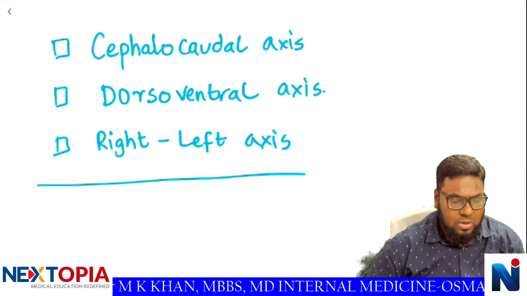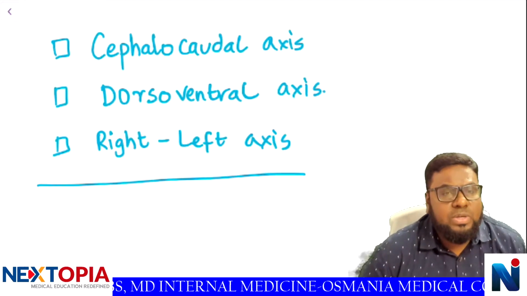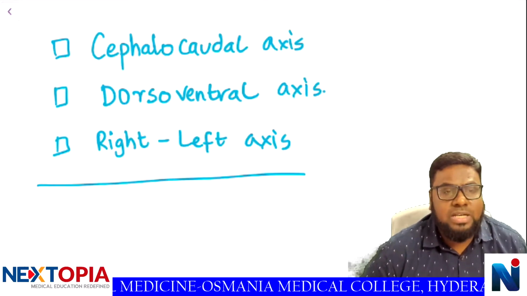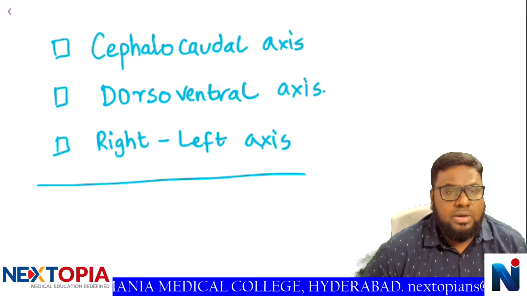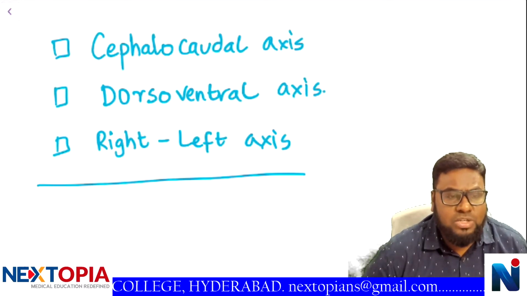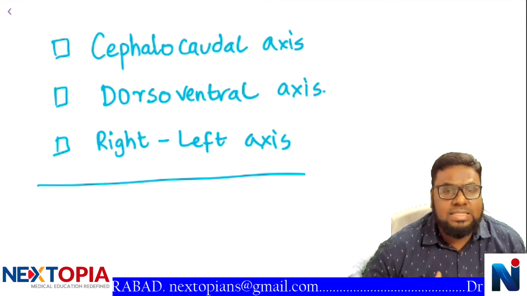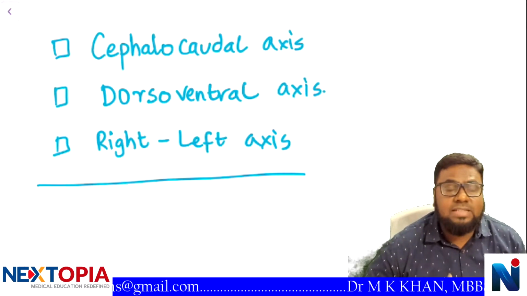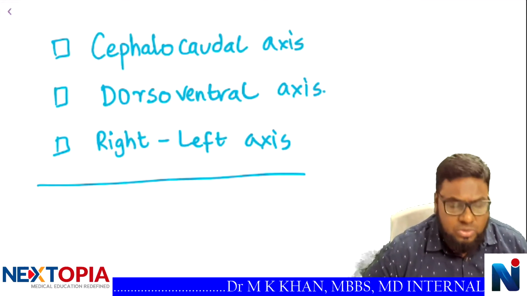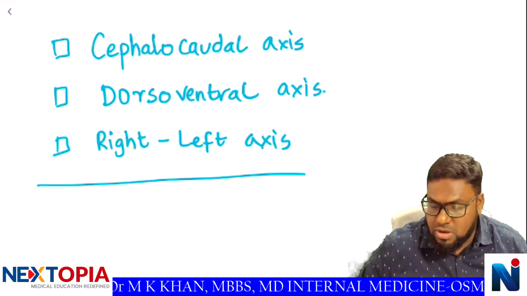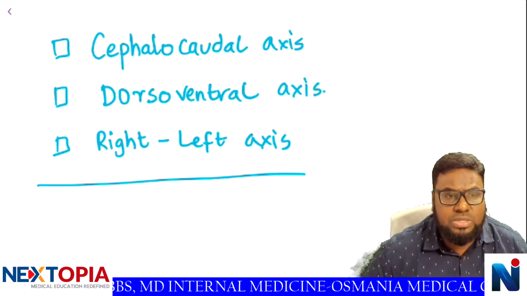All right. Now, why I'm talking about this axis is that the cells of the epiblast and the cells of the hypoblast are actually moving along this axis. Movement of these cells along the axis is very, very unique, so that further growth and development of organ systems and various tissues occur.